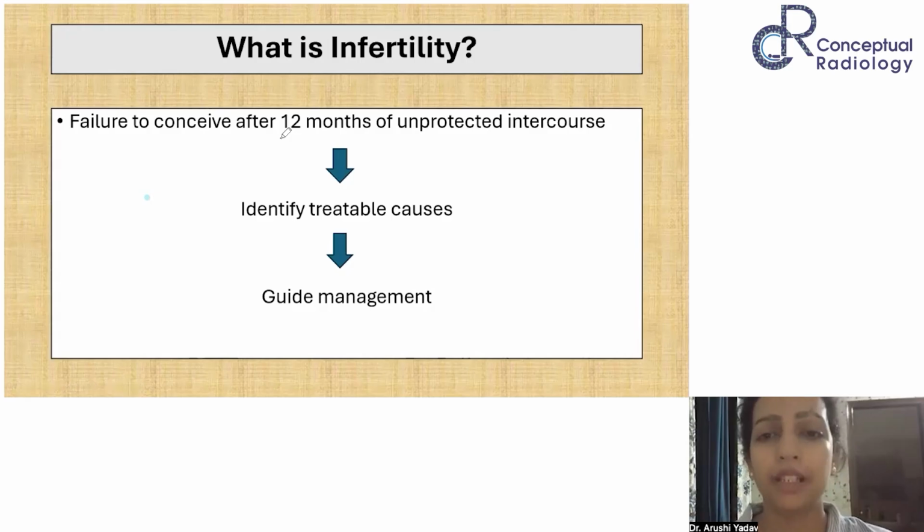The job of a clinician, of a clinical radiologist, is to identify the treatable causes and to guide the management, right? So this is something which is important.